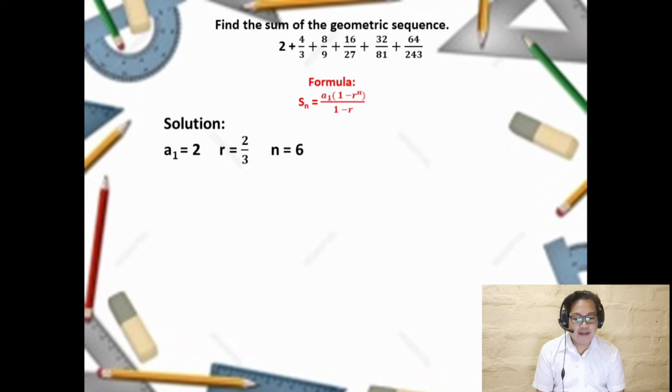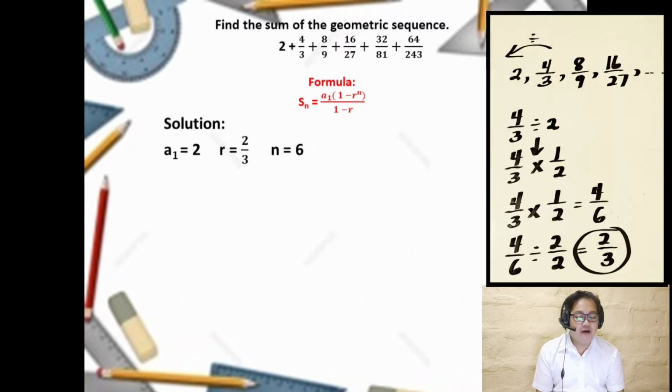Ang r naman natin, paano natin kinukuha ang common ratio? Let's divide again the second term sa first term. So, we have 4 over 3 divided by 2. Then, 4 over 3, change the sign of the operation, magiging multiplication, then find the reciprocal of the divisor. So, ang 2 magiging 1/2.